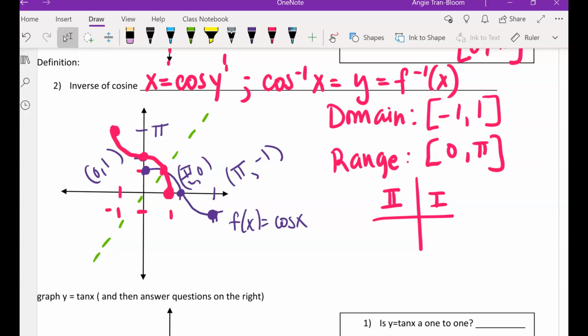Once you're done graphing tangent, please do consult with your team to make sure you guys have the same tangent graph.